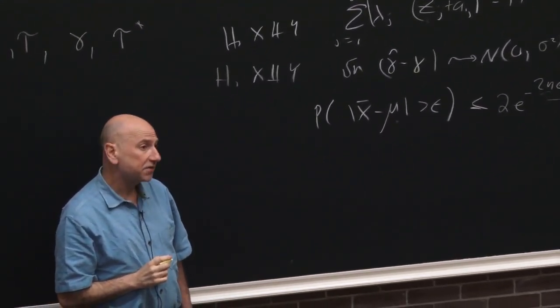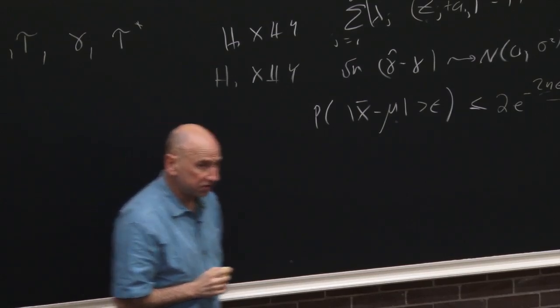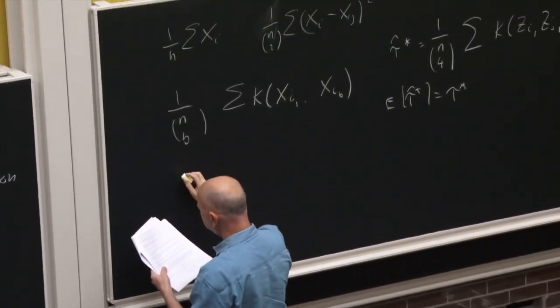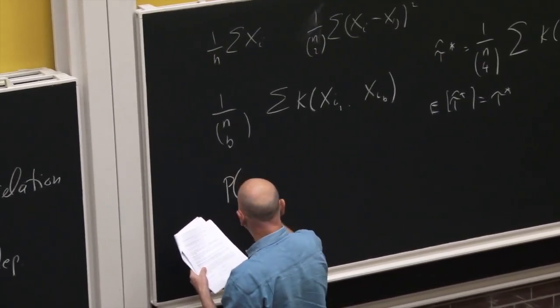But actually, it turns out this theorem holds for U statistics, too. The only difference is this. So I'm going to tell you, there it is. It's at the top of page 8. This is Hoeffding's inequality.